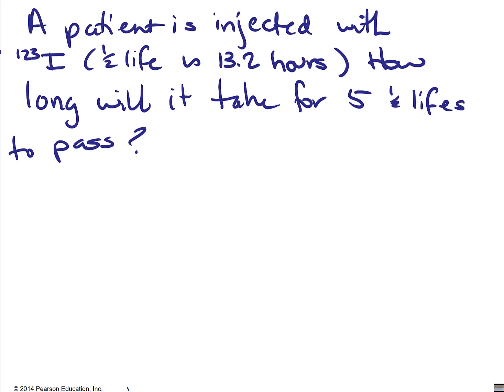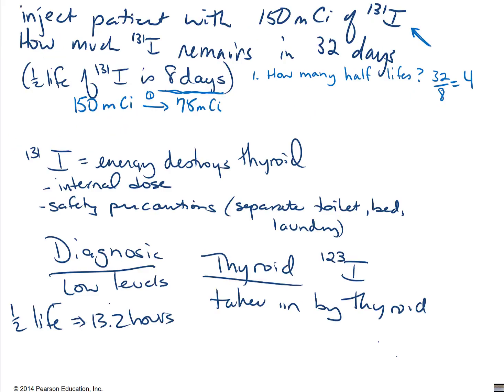And then in 8 more days, this will be 2 half-lives. Half that number, 75 divided by 2, would be, I got 37.5 millicuries. But you're not done. So you got one more. Nope, 2 more, sorry. The next one, so take 37.5, half it again.